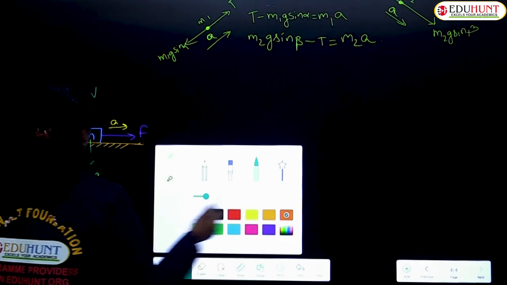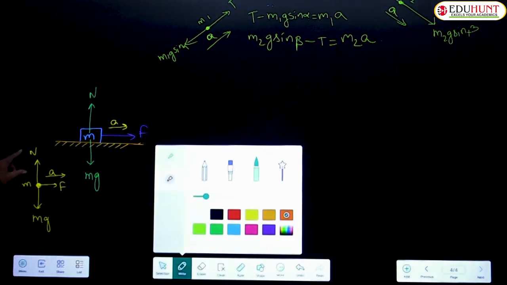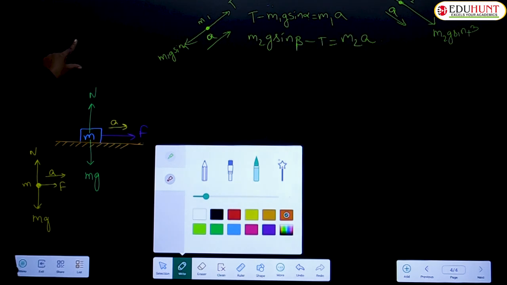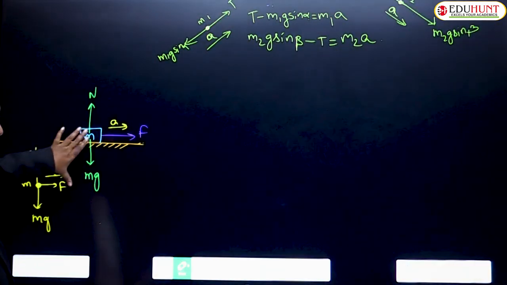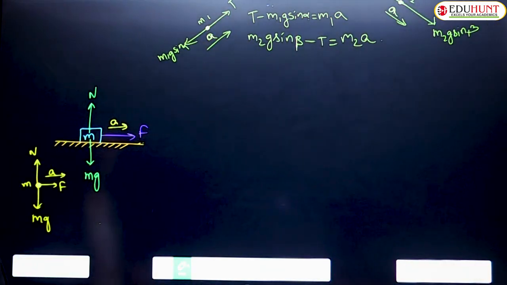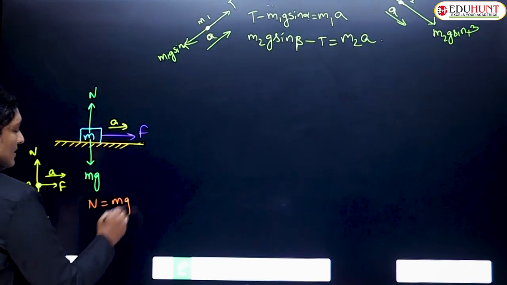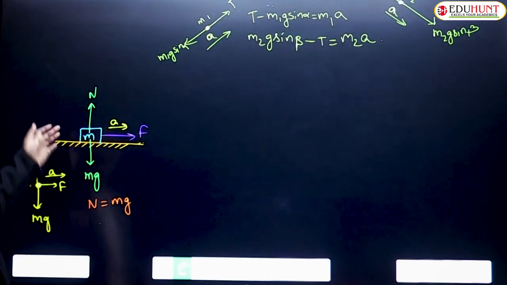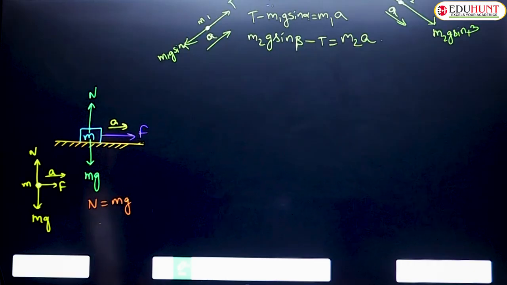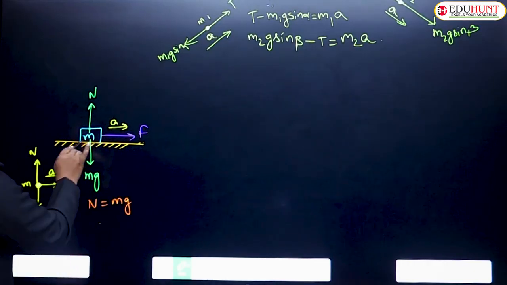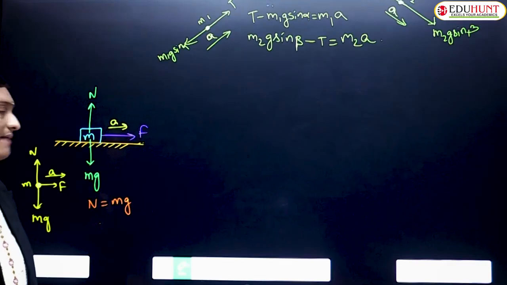Let us represent the equations. Clearly, the body is neither moving upwards nor downwards. That means the upward force is balanced by the downward force, so N must equal mg. It is very clear that the body is accelerating sideways, and there is no opposing force because it is a frictionless surface we have considered.